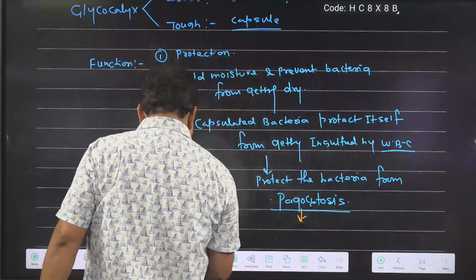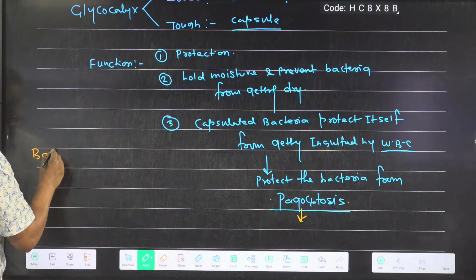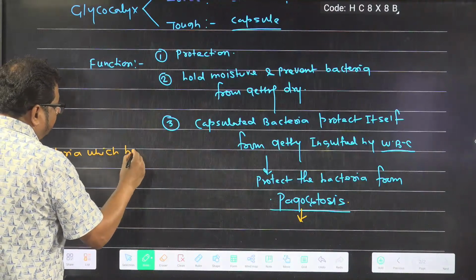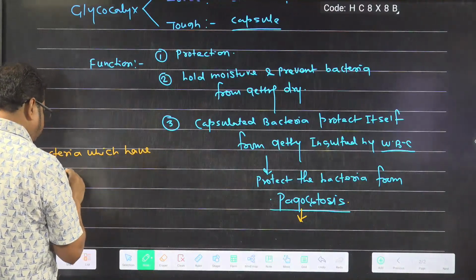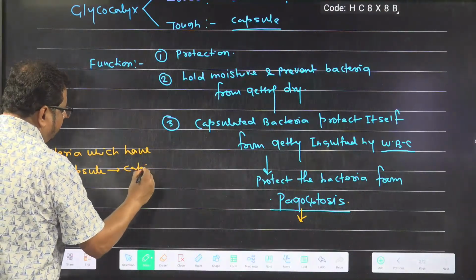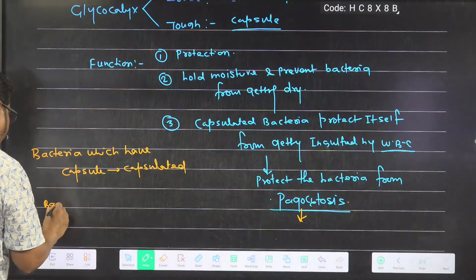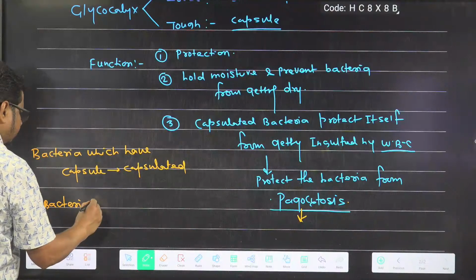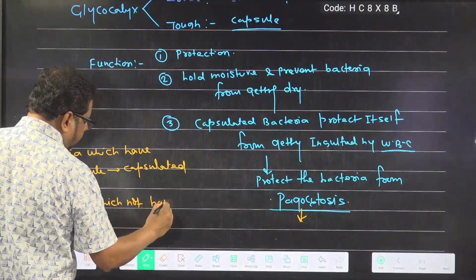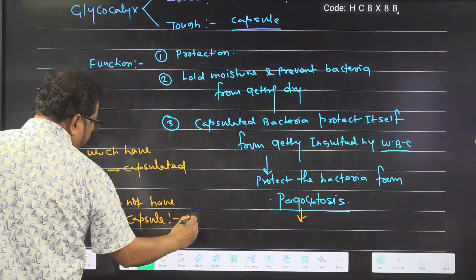So bacteria which have a capsule are called capsulated bacteria, and bacteria which do not have a capsule are called non-capsulated bacteria.